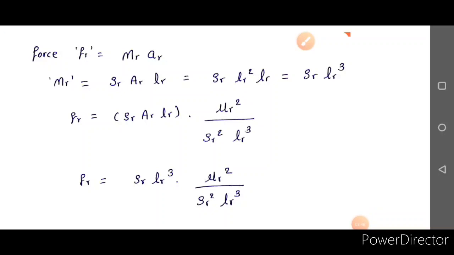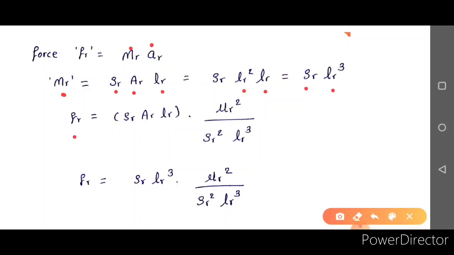for the force, it is nothing but mass into acceleration as per Newton's second law. So mass is nothing but density into volume, area into length. So instead of area I am writing L r square, because the unit of the area is meter square and the unit of L r is meter, and instead of length I am putting L r itself. So the final equation is rho r into L r cube.